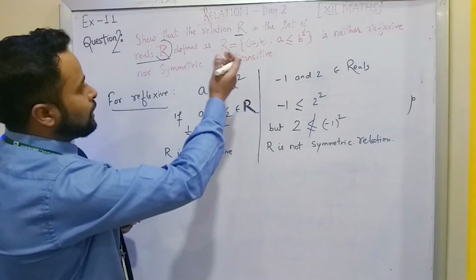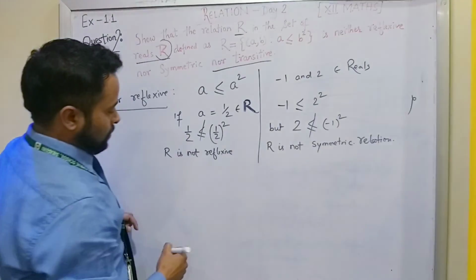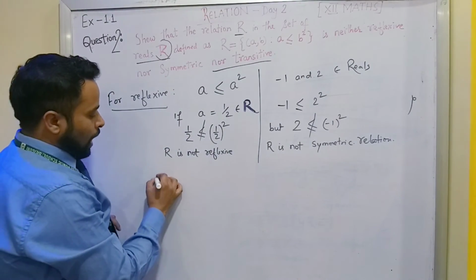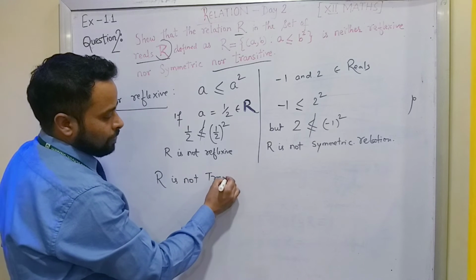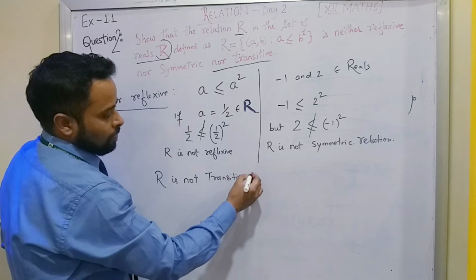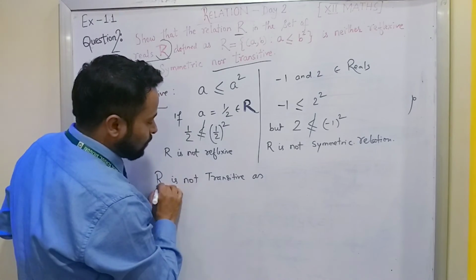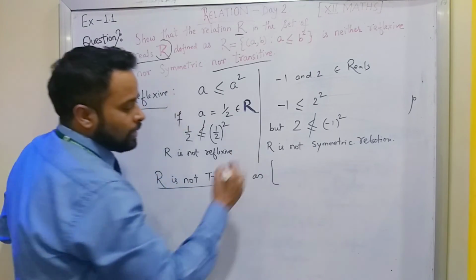To prove that R is not transitive, I have to take 3 numbers in descending order.